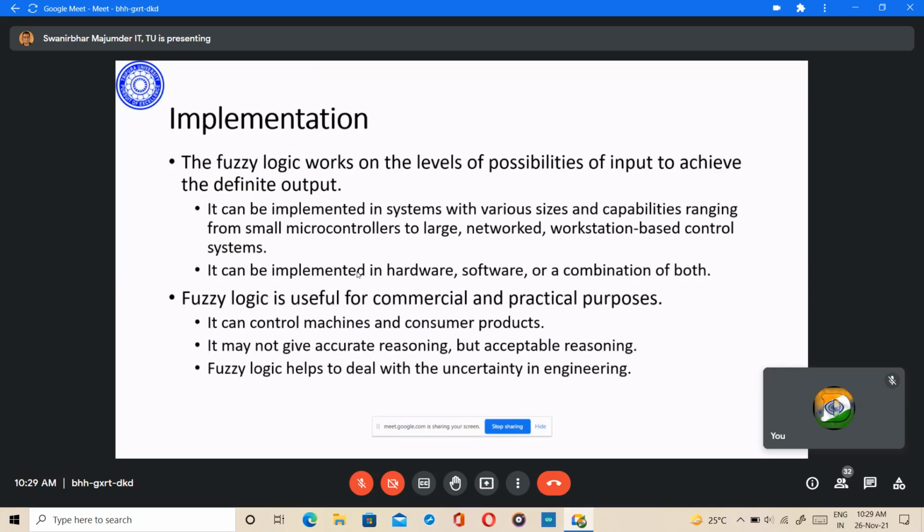So a lot of commercial products like washing machines and other things are using fuzzy logic. Many consumer based products are working based on that. Accurate reasoning may not be there, but to some extent acceptable reasonings are done via this fuzzy logic.